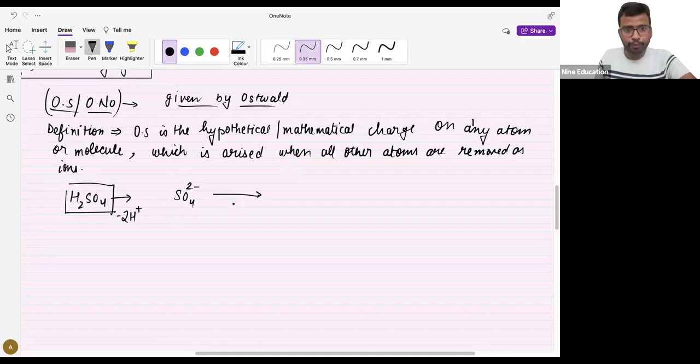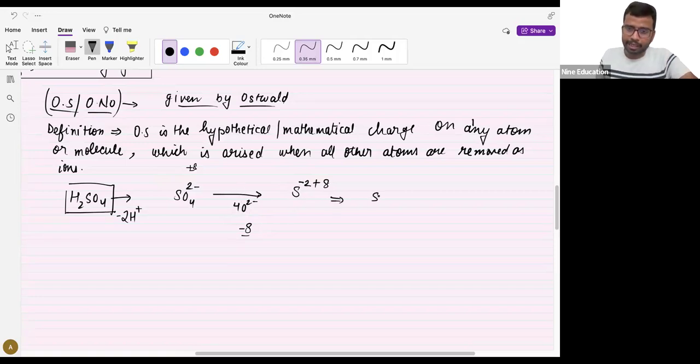Again from here, if I remove 4 oxygen, 2 minus each, total charge gone is -8. So -8 gone, +8 will be there. So lastly sulfur will be left, -2 was earlier, and +8 by oxygen, because oxygen -8 gone, +8 is remaining.